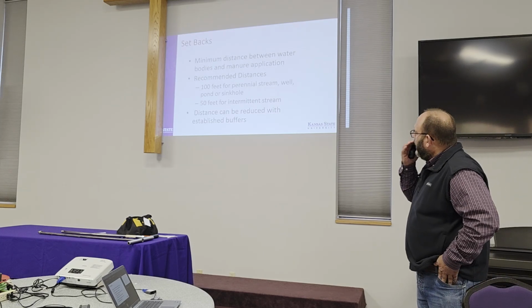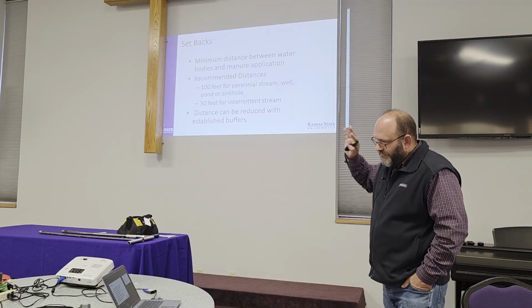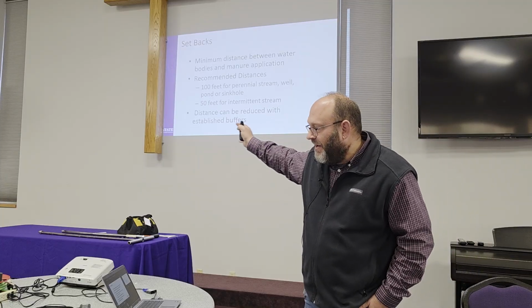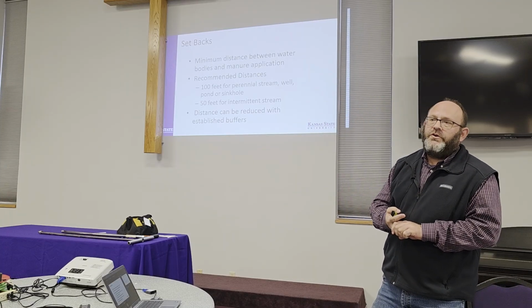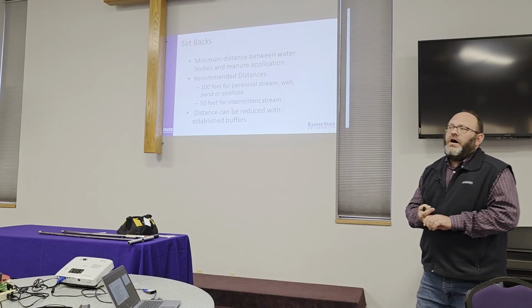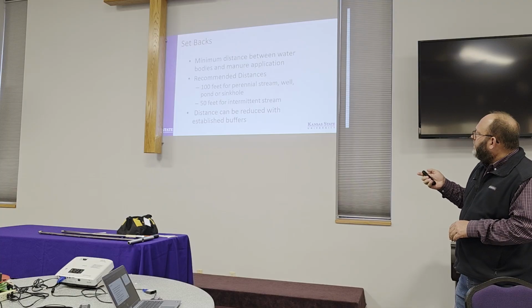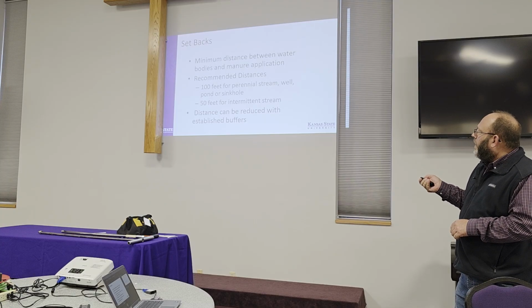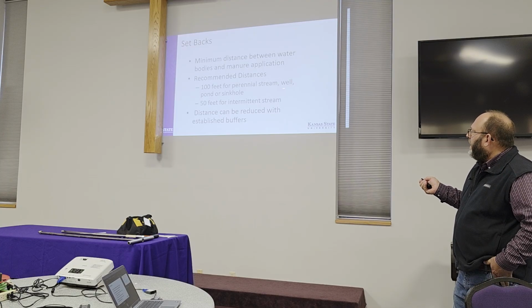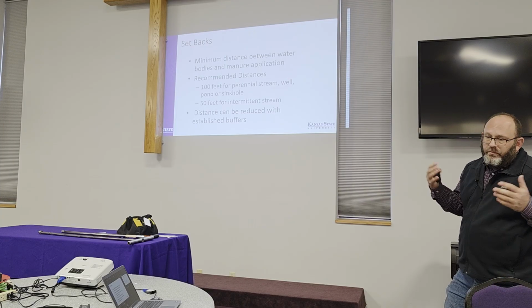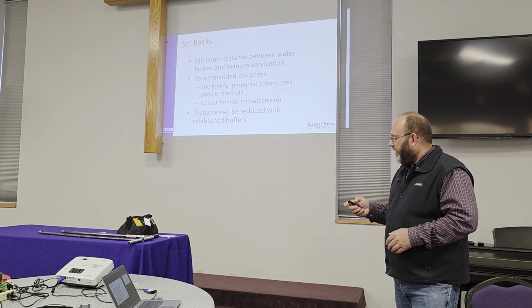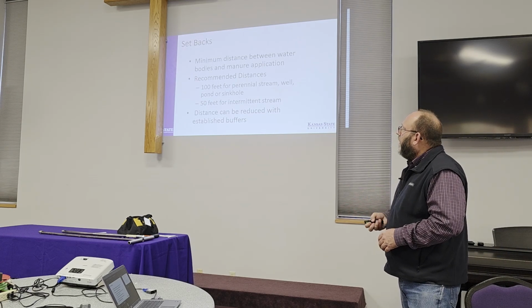So just a couple of manure housekeeping items. Think about your setbacks when you're applying that manure. We would say, if you've got tile outlets, a well at the field, or a perennial stream, think about 100 feet. If it's an intermittent stream, 50.